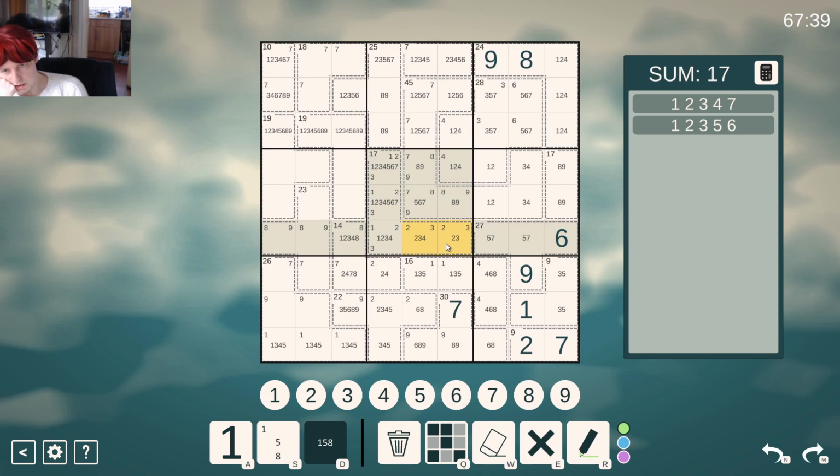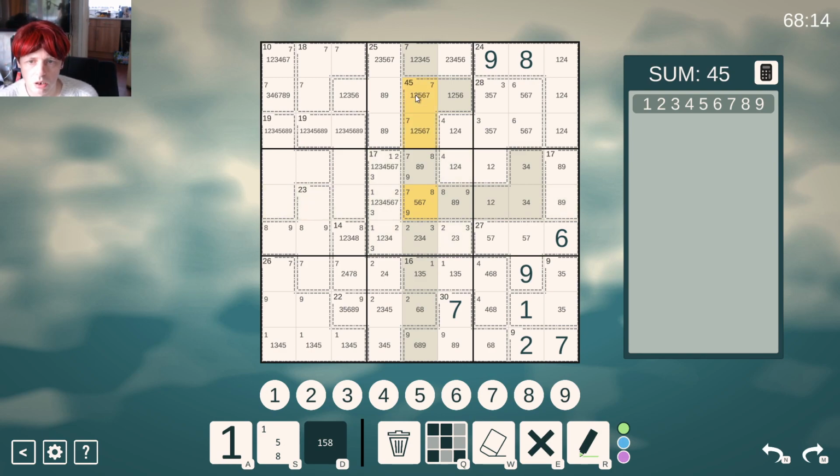Well, we knew that already. How can I use that? We've got 6, 8, 9, 8, 9, 8, 9 now. So we can't have 6, 8, 9 anywhere else in the column. So we can take 6 out of them.